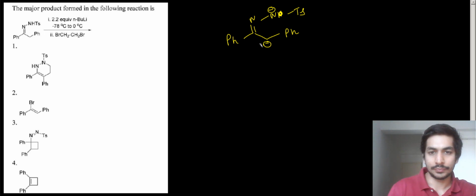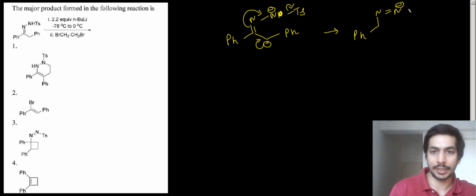So what is going to happen? This is going to migrate over here, and once this migrates over here, this bond migrates over here, and this tosyl group, which is a good leaving group, leaves. So finally, what do we have? We have phenyl, then a single bond N, double bond N minus, and along with that we have a double bond over here and a phenyl group, right?